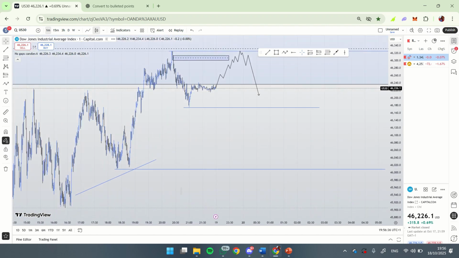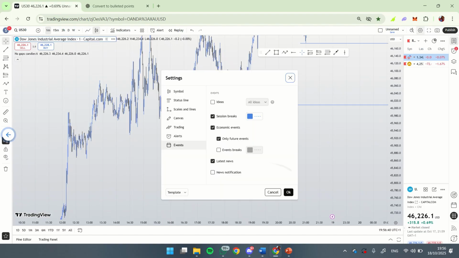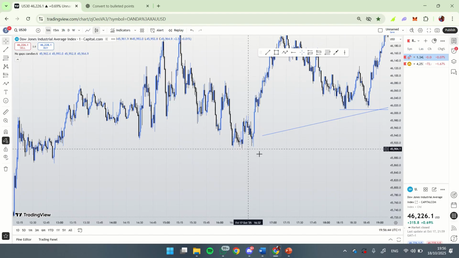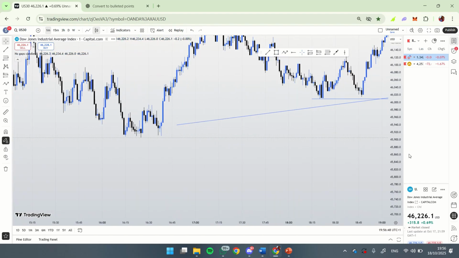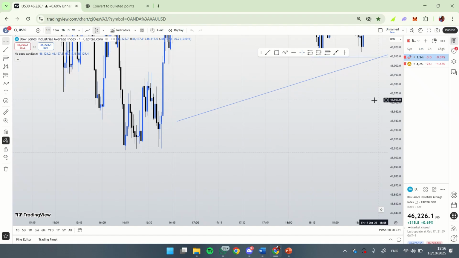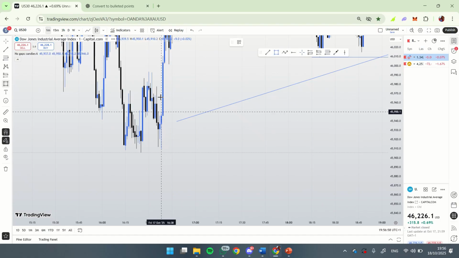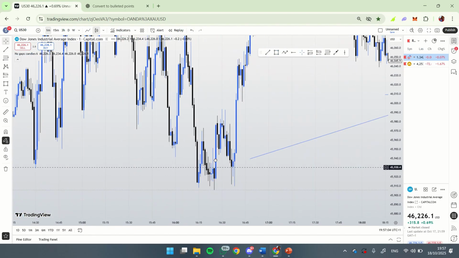So this might decide that it is going to hold because it is the origin of the move. And we have space here. Look at this big imbalance. And we have this, what do they call it, demand zone here. So you see there's a zone here.